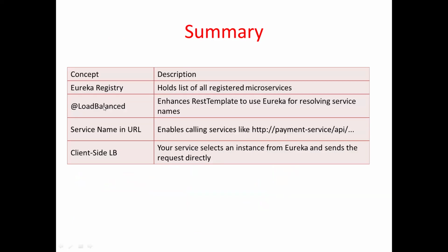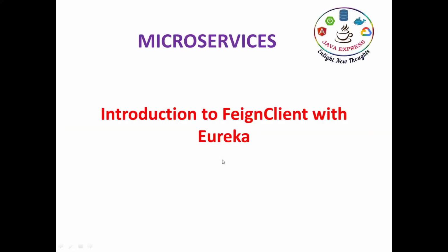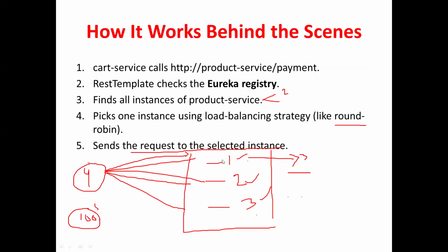This annotation is an enhancement for REST template to resolve the service name in the URL, enabling you to call microservices via application name. And client side load balancing means your microservice selects an instance from Eureka and sends the request directly to it.